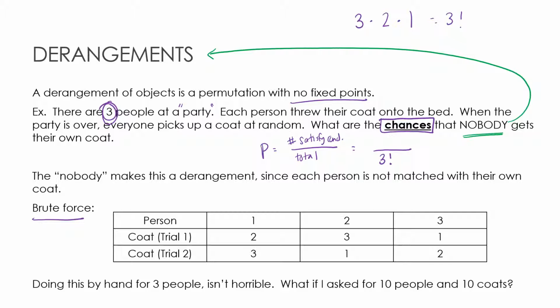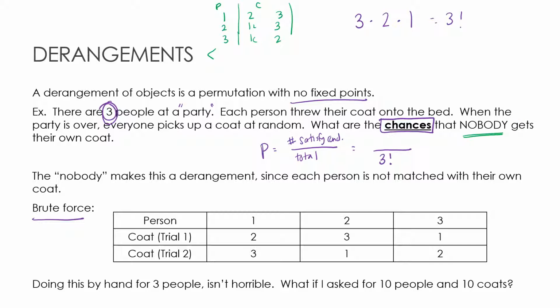A derangement has no fixed points, which means person number 1 must get either coat 2 or coat 3. Person number 2 has to get coat 1 or coat 3. Person number 3 has to get coat 1 or coat 2. And again, these can be in either order.